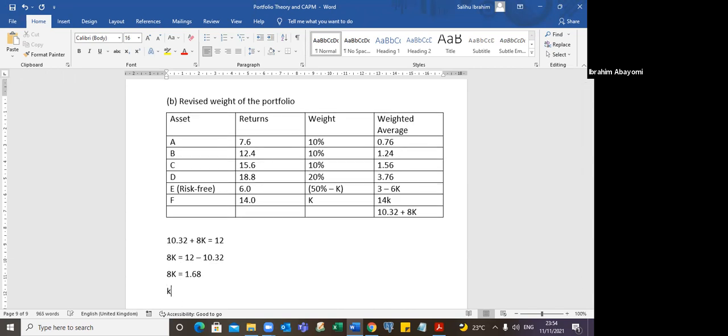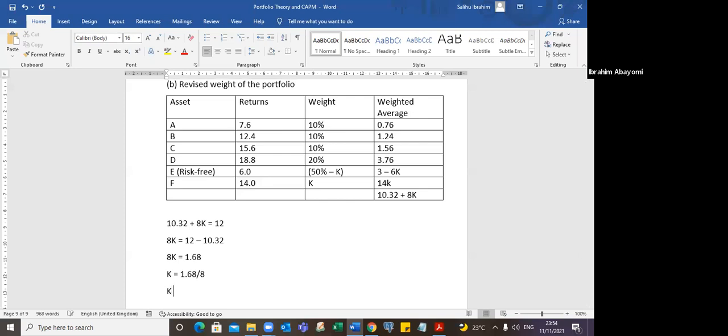So K will be equal to 1.68 over 8. That will give us 0.21, which is 21%.